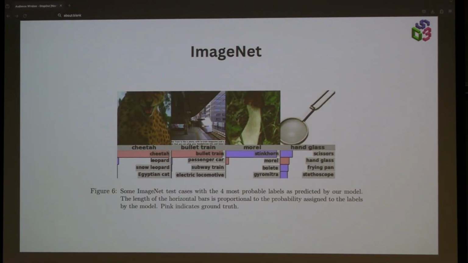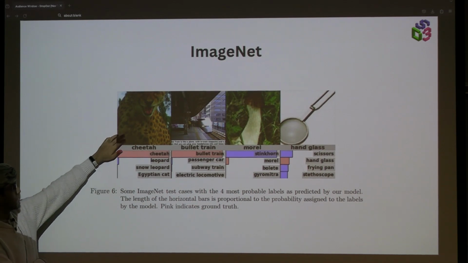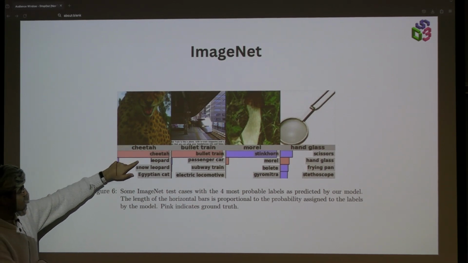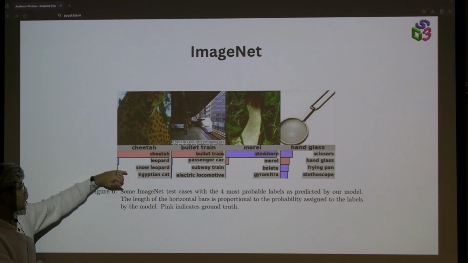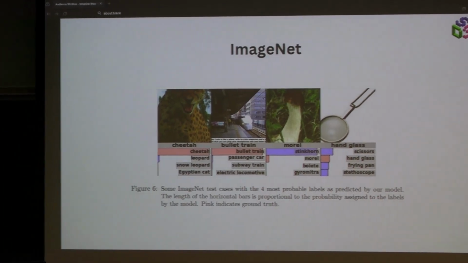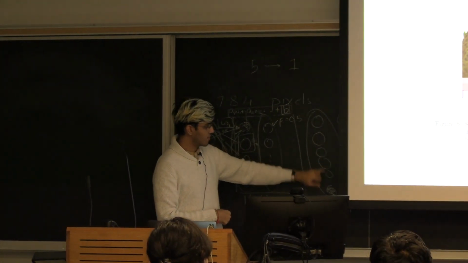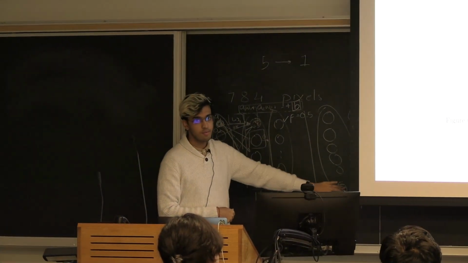Let's talk about ImageNet. So like I said, ImageNet is nothing but a classified data set of natural images, right? Basically what this is, it's the order and magnitude of the activations or the outputs of the output unit, right?